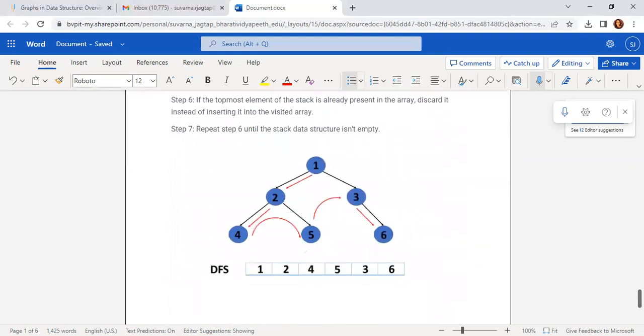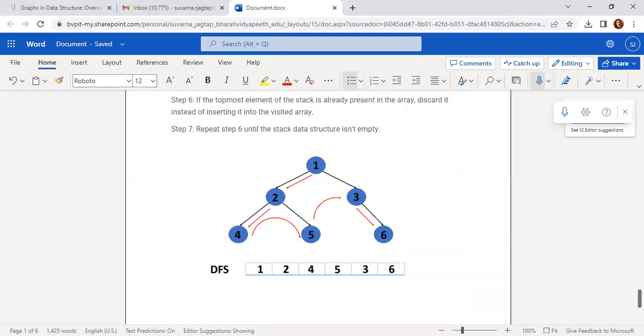So as you can see, the same tree structure graph is used over here. You have to go depth wise. So after visiting the very first root vertex, in this case 1, we'll visit vertex 2. Then depth wise, we'll move to vertex 4. After visiting 4, we will backtrack to 2. But as 2 is already visited, we'll move on to 5. Then after visiting 5, we'll backtrack to 2, which is visited.